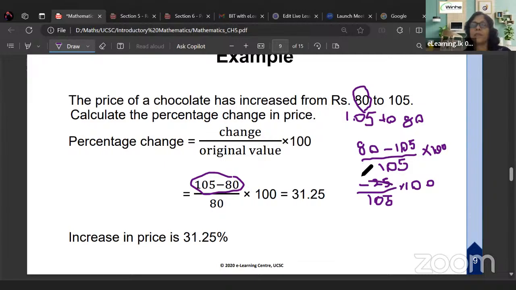If you divide the upper part and the lower part by 5, then it will become minus 500 divided by 21. So what will be the answer?